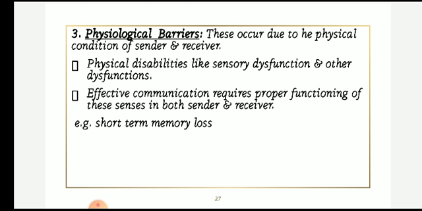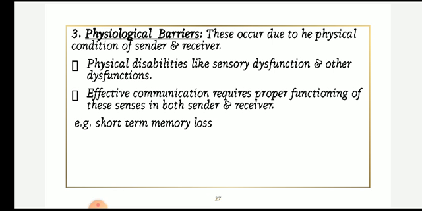The components, with the detail and importance of each and every component, the role of all 8 components that we have seen: the source, message, encoding, channel, decoding, receiver, feedback, and context. With diagrammatic representation we have discussed it.